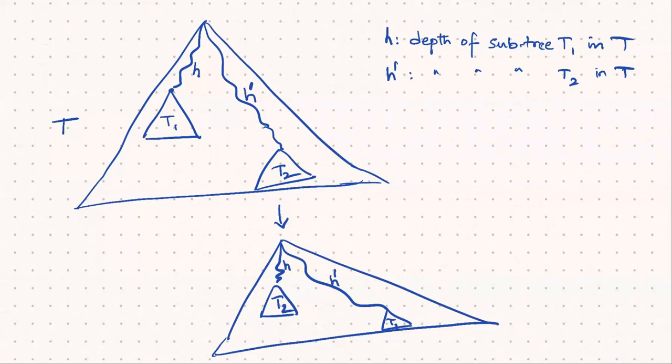We'll form this new tree, let's call it T new, and it is exactly the same as the tree T, except for these two subtrees T1 and T2, which are exchanged.